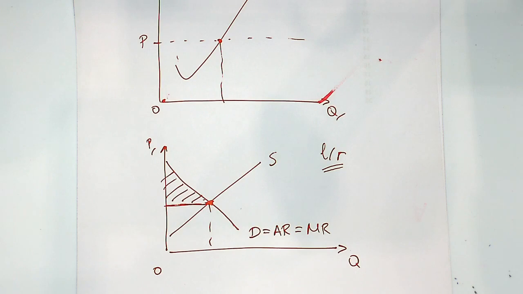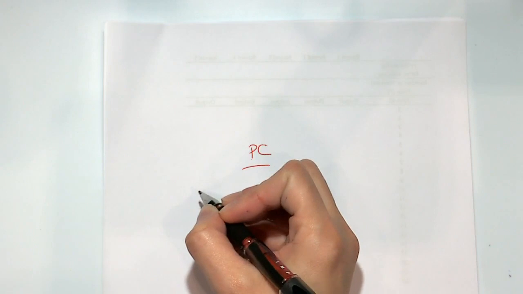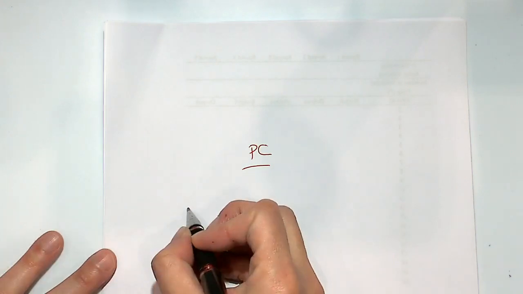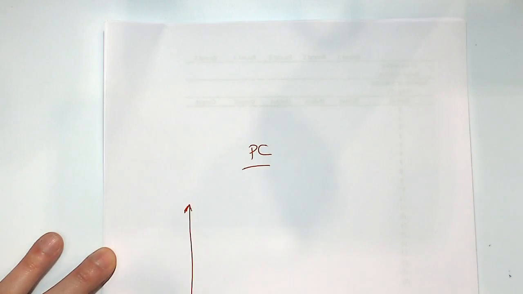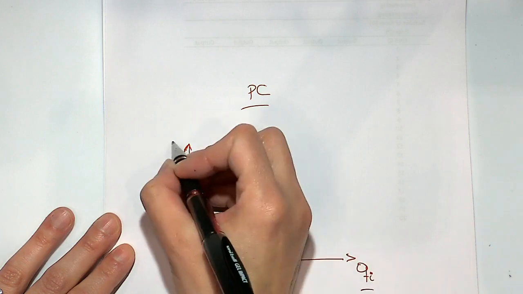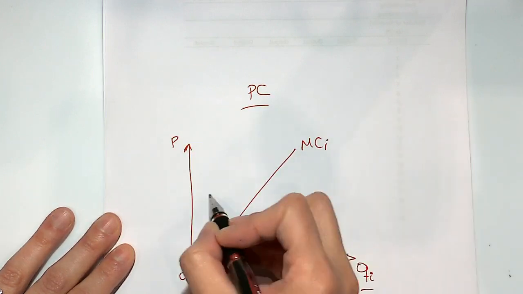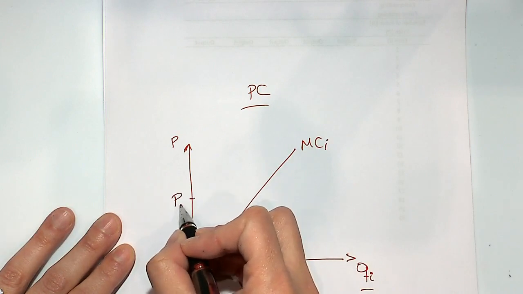So how is its demand going to be? Because in perfect competition, the demand for the industry is downward sloping, but the demand for a single firm, if we go to perfect competition, we have, this is just for one firm, the marginal cost, and then the price which is given by the industry.